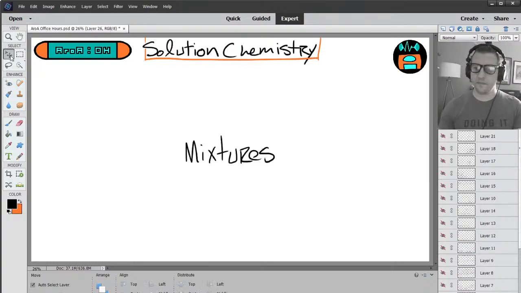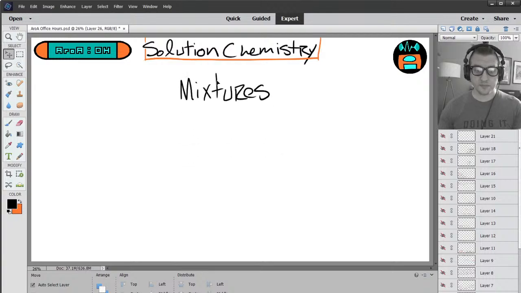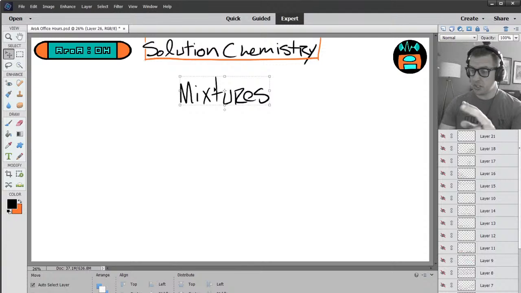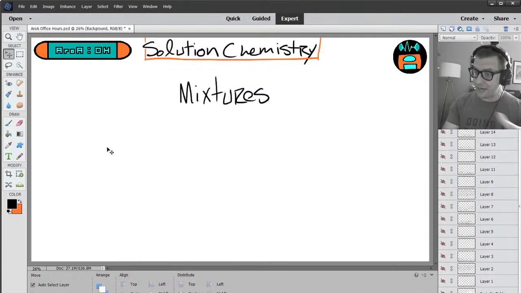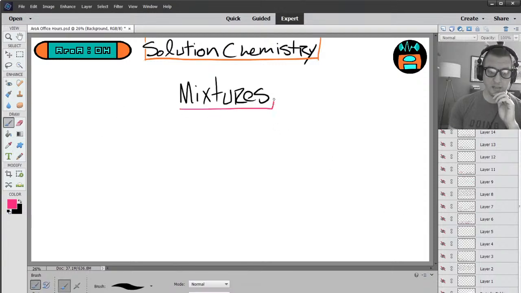Mixtures can be classified into two broad categories.